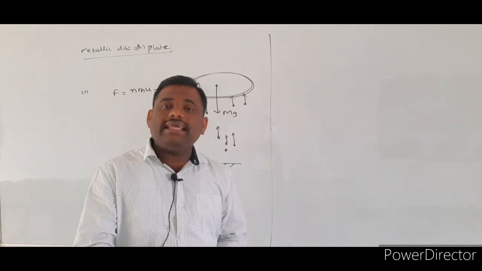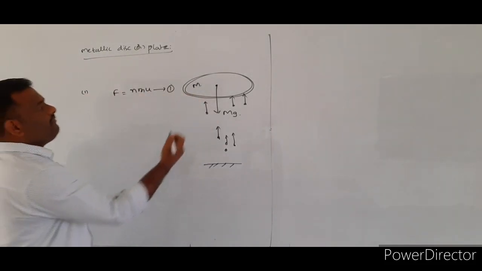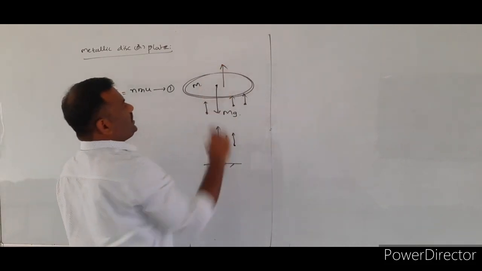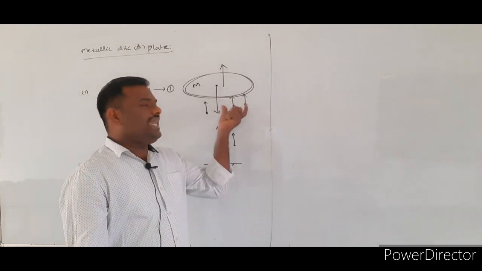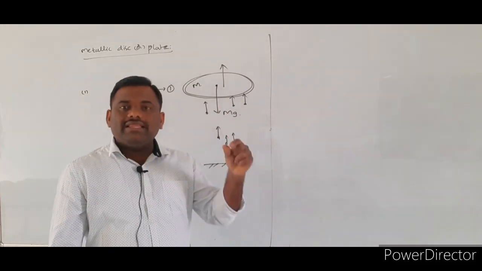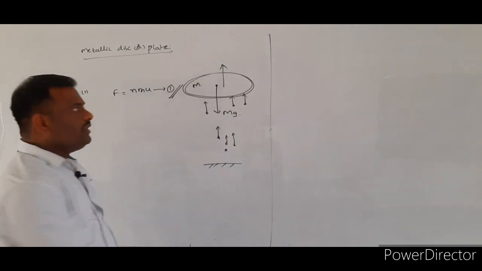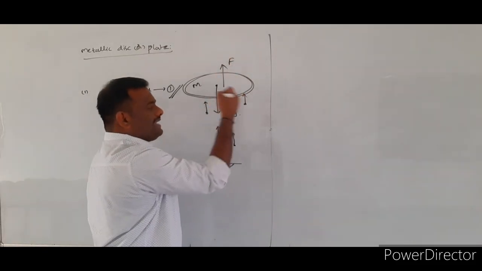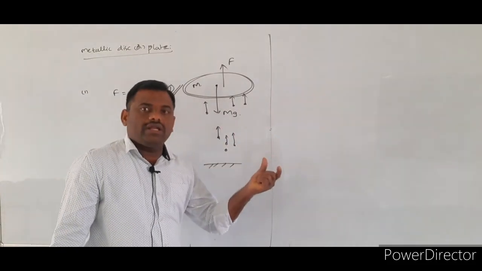for balancing its weight, so that the force which is provided by the machine gun to keep the disc in equilibrium in the mid-air is given by F is equal to nmu. This force only balances the weight of the metallic disc.